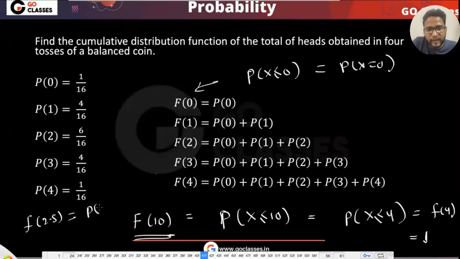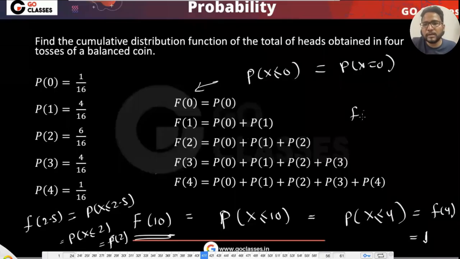It is P of X less than or equal to 2.5, which in this case is just X less than or equal to 2, right? So F of 2.5 is coming out to be F of 2. Because X less than or equal to 2.5 is the same as X less than or equal to 2. So basically, you have a non-zero value for F2.5 also.